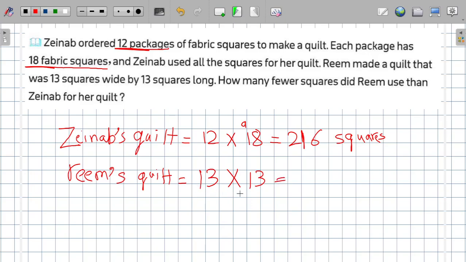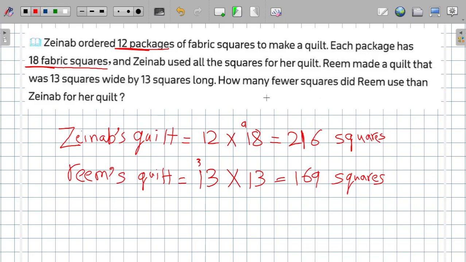So I think 13 by 13 equals 169. Okay, because 13 by 3 equals 39. So I will write 9 and carry 3. 13 by 1 equals 13, and plus 3 equals 16. So the number of squares in Reem's quilt will be 169 squares.